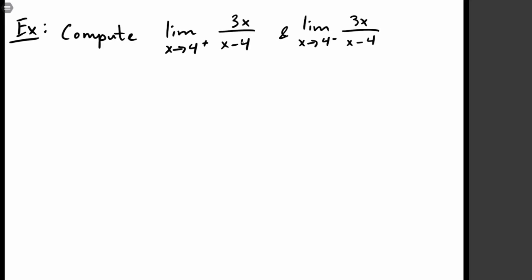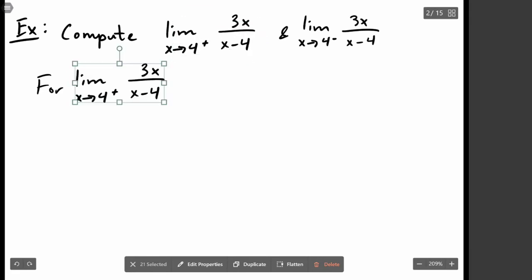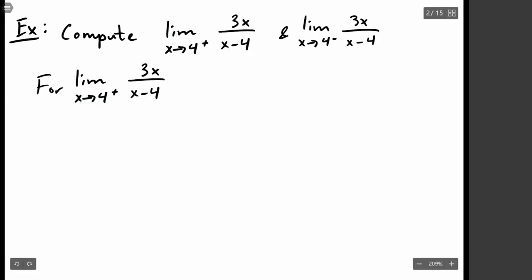Let's start with this first one. We're trying to compute this limit from the right, so we're plugging in values that are bigger than 4.